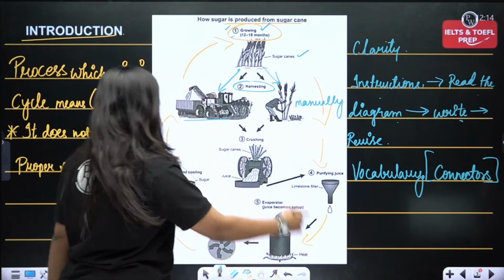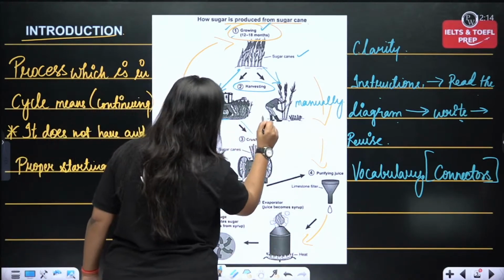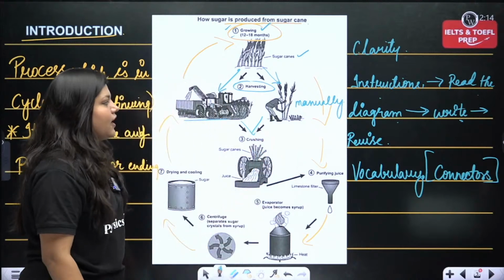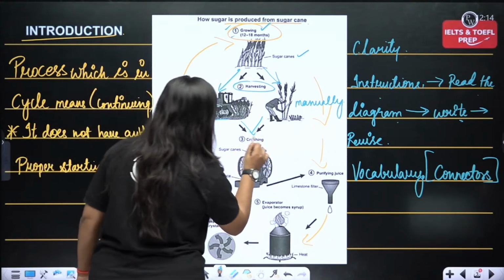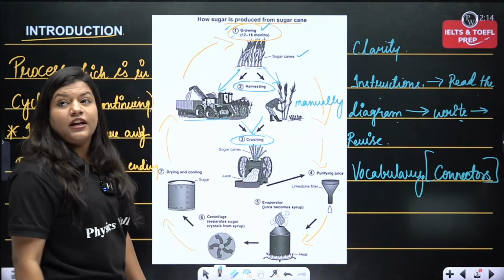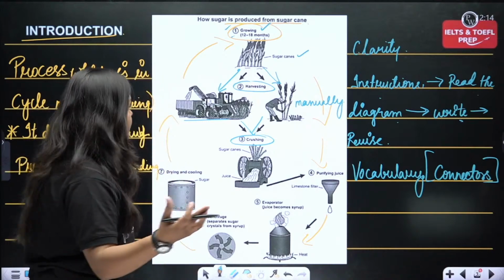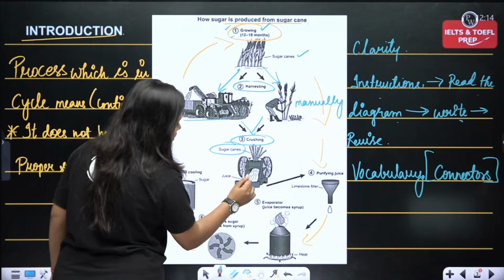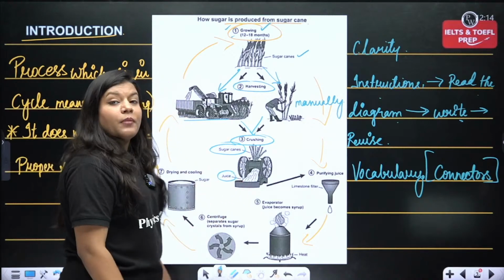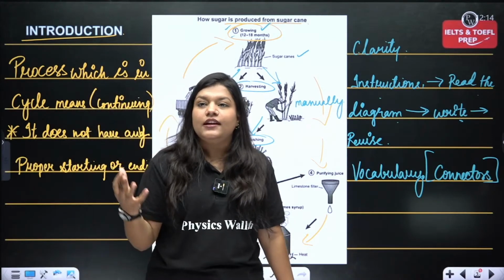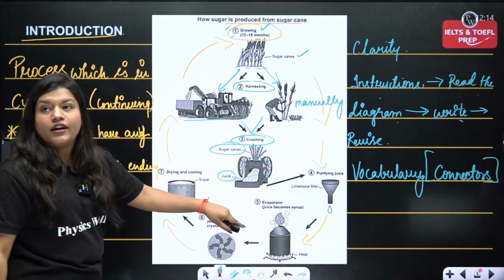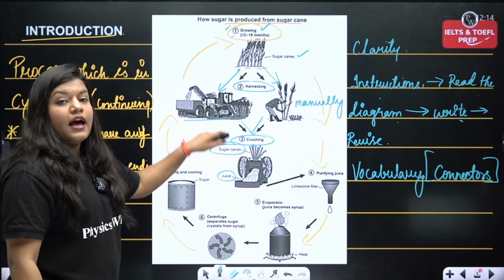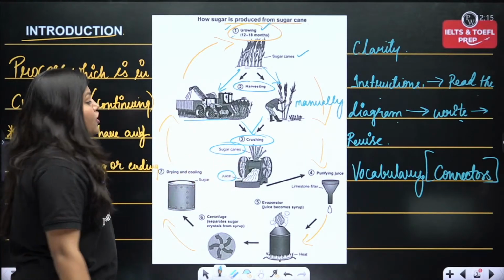After the harvesting is done, it is combined and crushing is a process that takes place. After that, crushing of what? Sugarcane, to which we can see juice over here. Basically the majority of the vocabulary is going to be mentioned in the diagram for your reference.